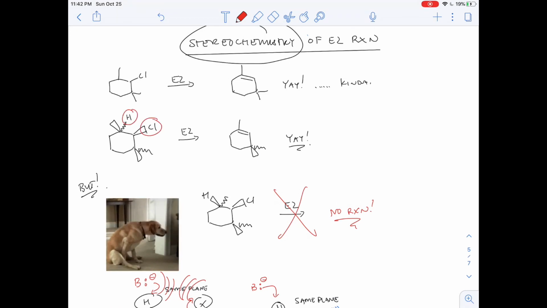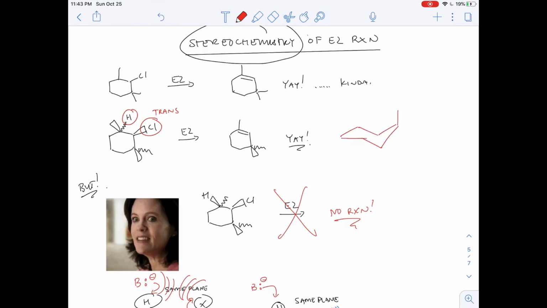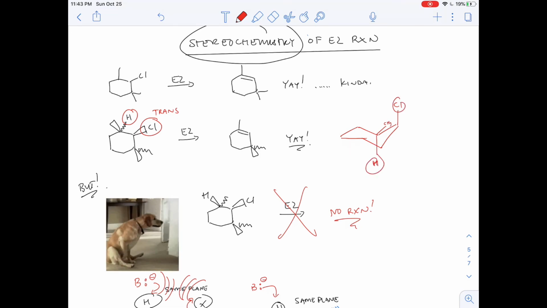So this is exactly why we had the trans hydrogen and the chlorine on this particular one that resulted in the alkene product, because we had, let's say, a chlorine in the axial up position, we would have a hydrogen in the axial down position, and therefore the antiperiplanar position.